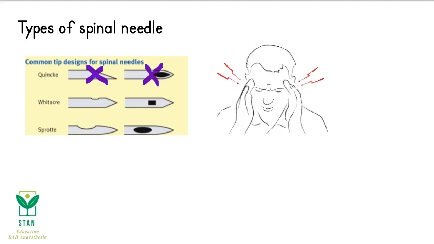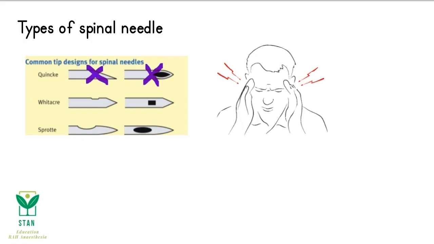This reduces to about 1 in 200 if you use a pencil point needle. Post-dural puncture headache is not a trivial matter. It can be extremely debilitating and persist for a long time. It can morph into post-dural puncture syndrome and may need an epidural blood patch to help resolve it.